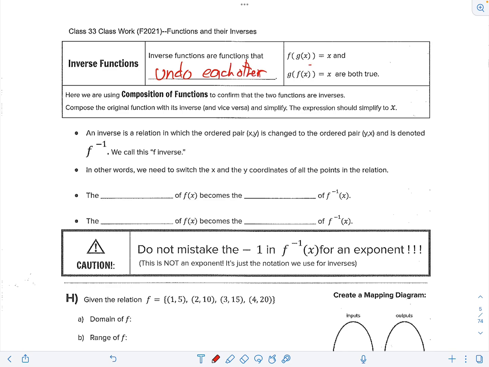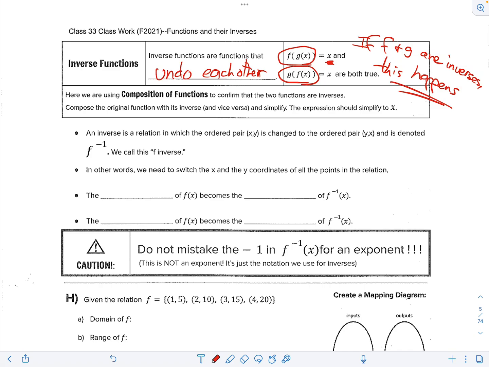If you compose one function into another, and when you do, x is the output, those functions are inverses. So if f and g are inverses, then g of f of x or f of g of x churn out x.